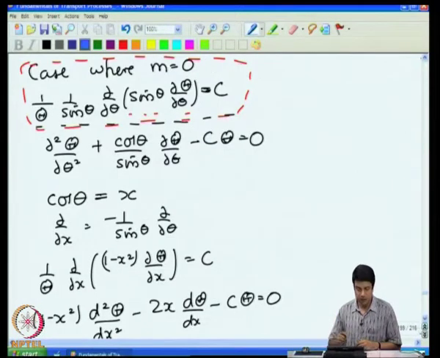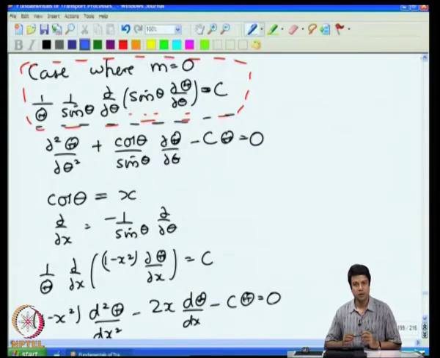Similarly, in the theta direction also there is a constraint on the basis: at theta equal to 0 or cos theta equal to 1, as well as theta equal to pi or cos theta equal to minus 1, the solutions are finite only if the constant in the equation is of the form p into p plus 1, where p is an integer.